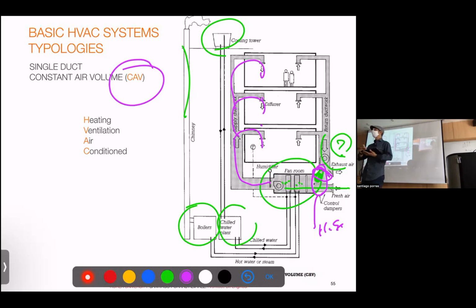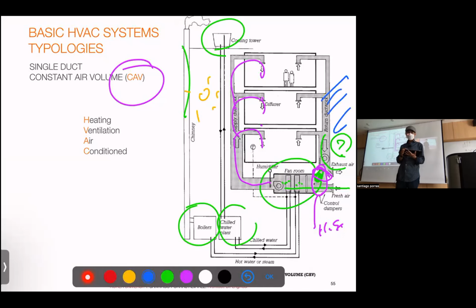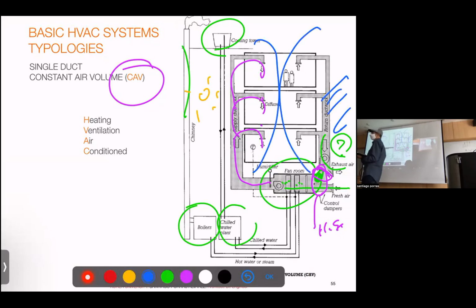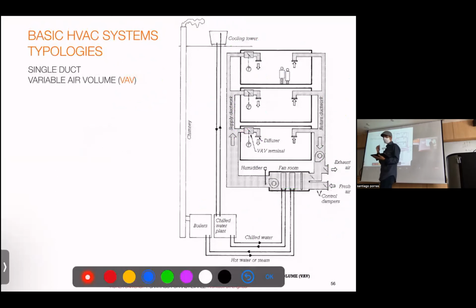Very simple, cheap, easy to maintain, but hardly efficient. In this building, we have sunshine in one side and shade on the other. Probably those guys will be happy and those guys will be freezing. So we are wasting energy. This happens in this building, okay? So to improve that, we have the variable volume.